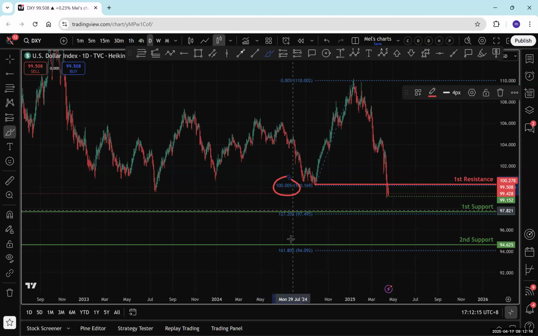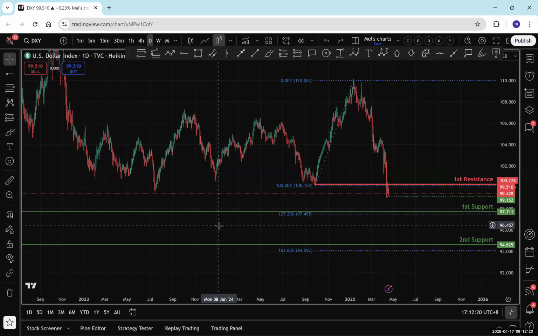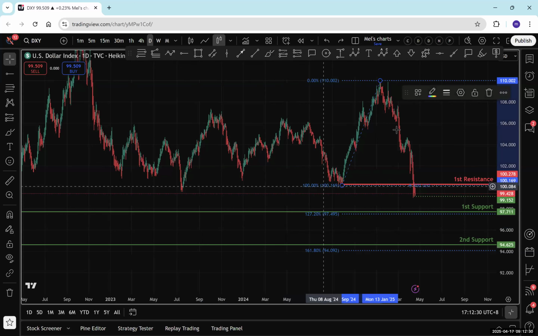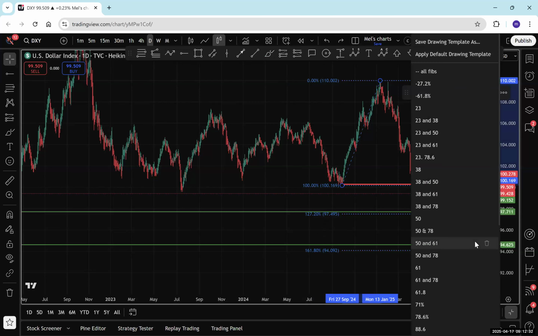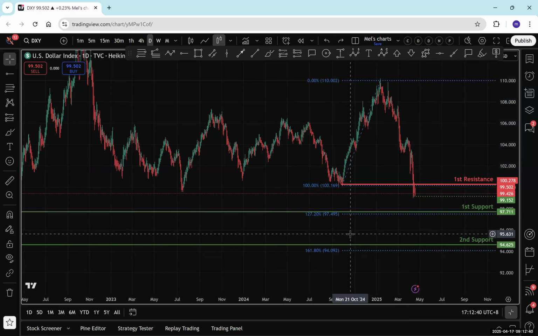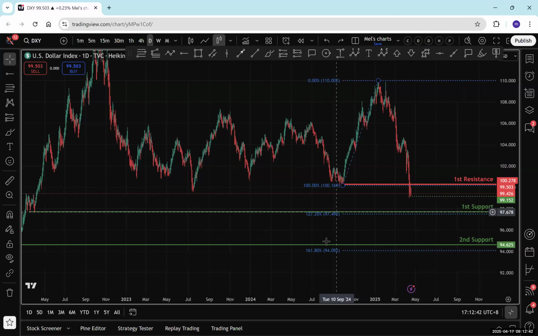We normally look at the 127 and the 161. Sometimes we might also look at the levels in between, like the 138, 141, or 145, but it's mainly focused on these two levels.